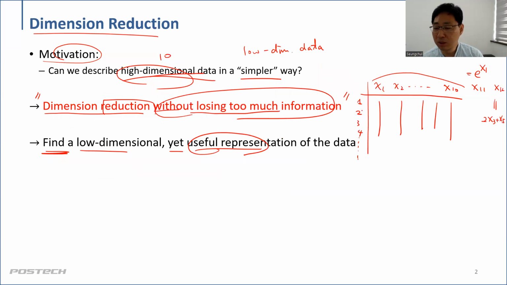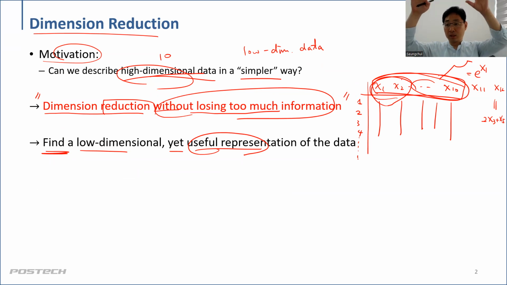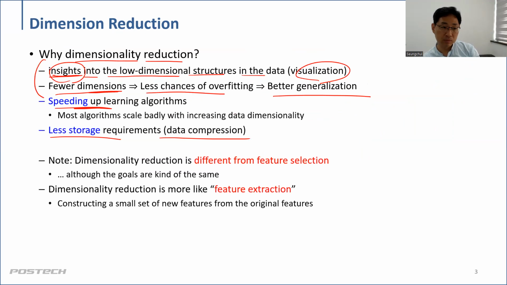Going back to here, instead of having a 10-dimensional space, assume that you did feature selection, and it turns out that these two carry the most important information. Then instead of having 10 columns, you're going to have only 2 columns. That speeds up the computations and reduces storage requirements. I guess these two are probably obvious.